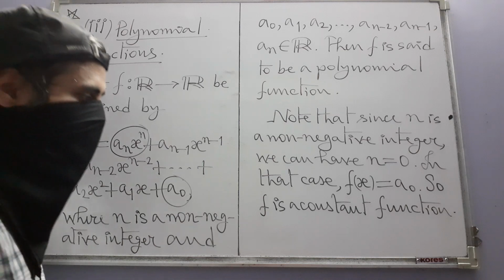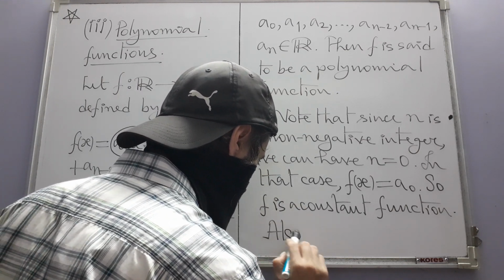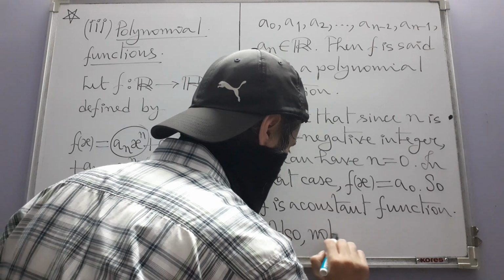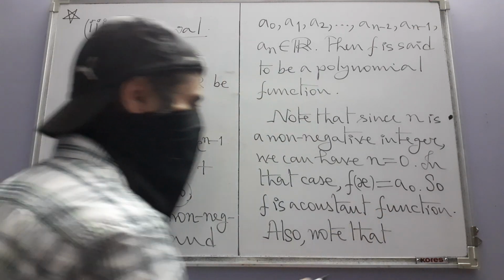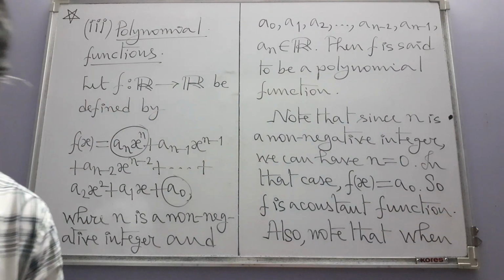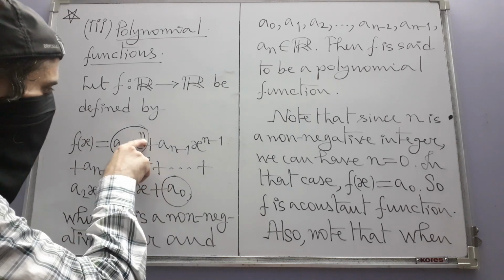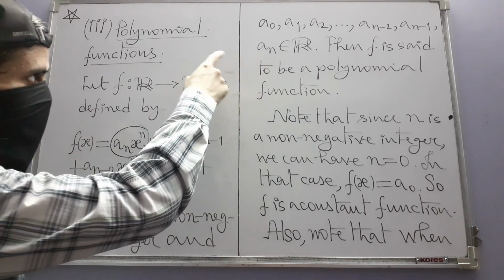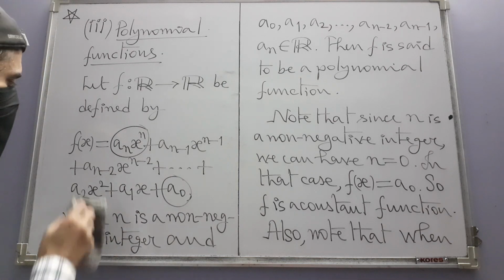Let us see one more thing. Also, note that this n as well as all these a's are our choice, right? So we can take special values of these quantities.